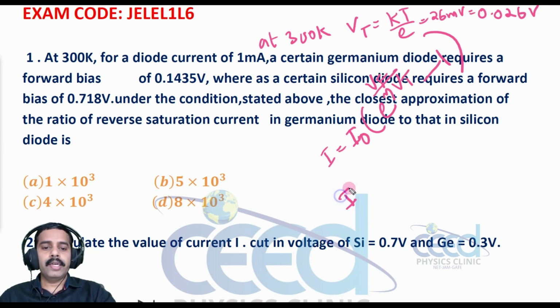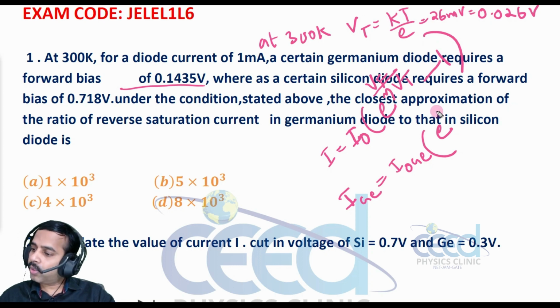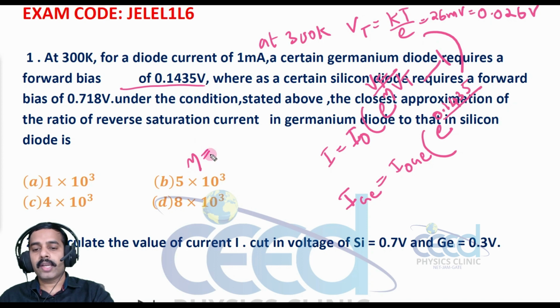So I germanium is equal to I0 germanium into e raised to the forward voltage required for germanium, that is 0.1435 volt, divided by eta times 0.026, minus 1. The ideality factor eta is equal to 1 for germanium and 2 for silicon.